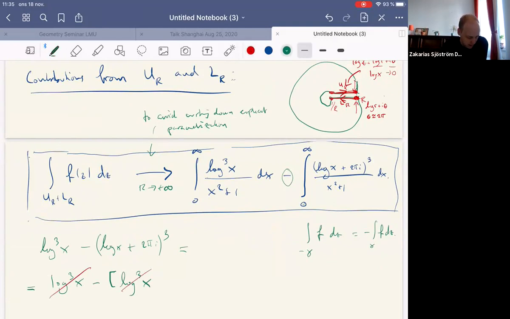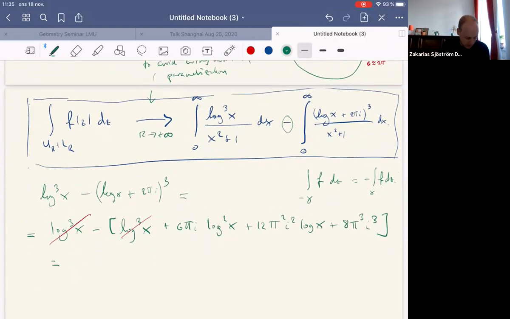So we cancel out, and then we get a bunch of stuff that I have to read off my paper here: 6 pi i log squared x plus 12 pi squared i squared log x. I'm just expanding this parenthesis, right? Plus 8 pi cubed i cubed.